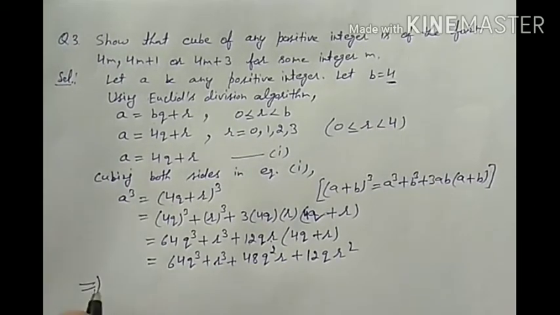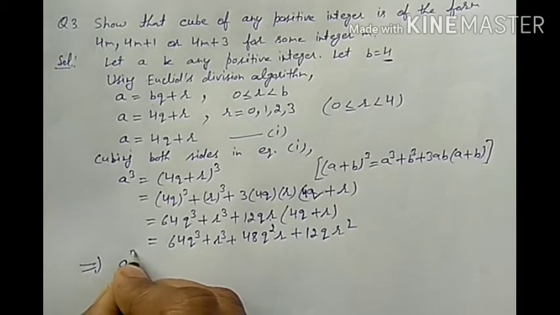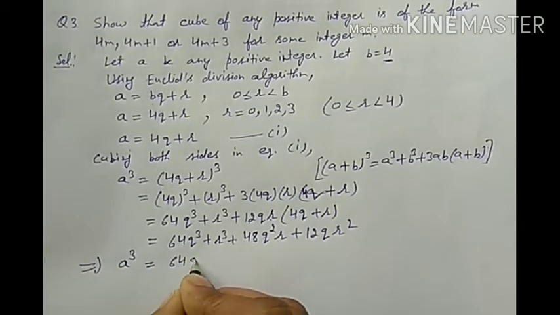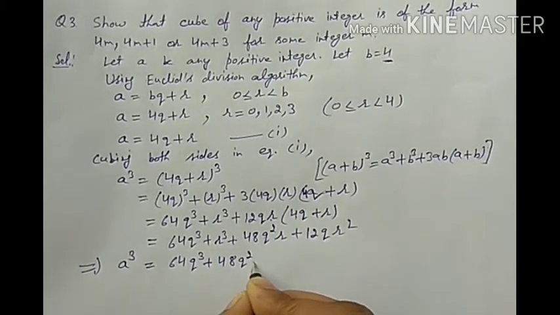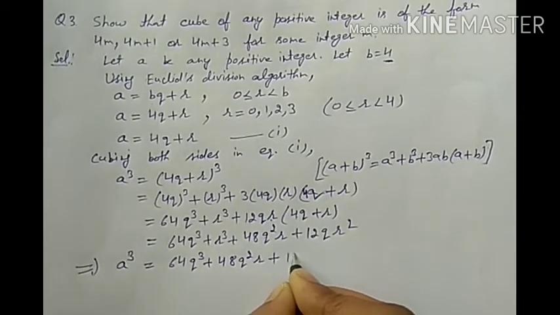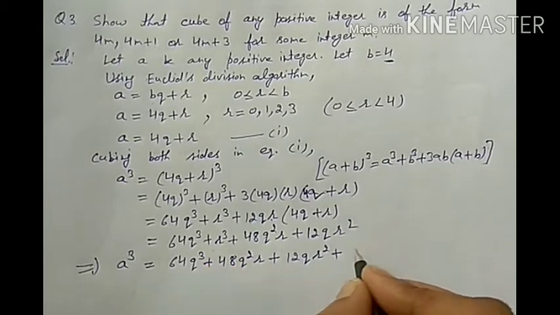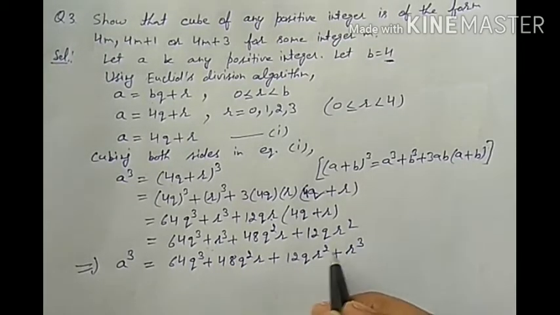It means the cube of our positive integer a is equal to 64 q cube plus 48 q square r plus 12 q r square plus r cube. Here r cube we are taking in the last.